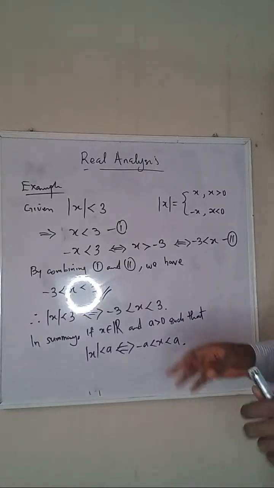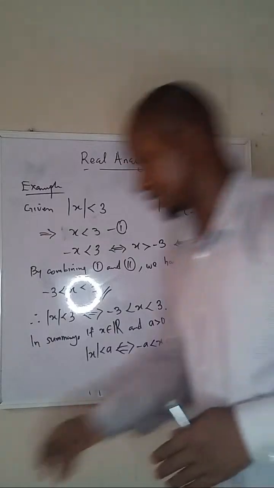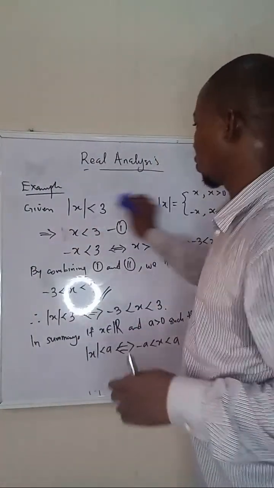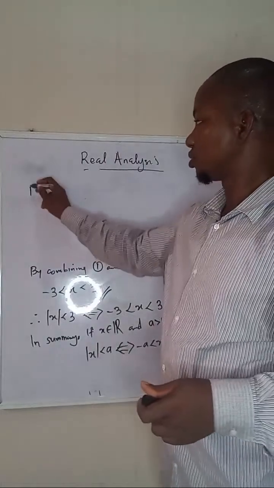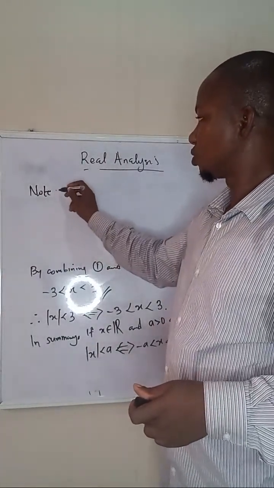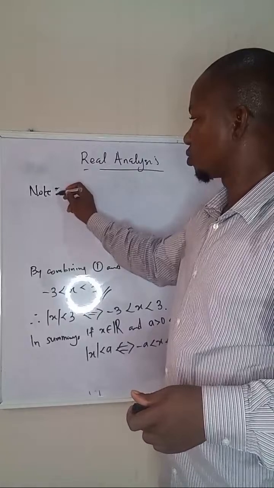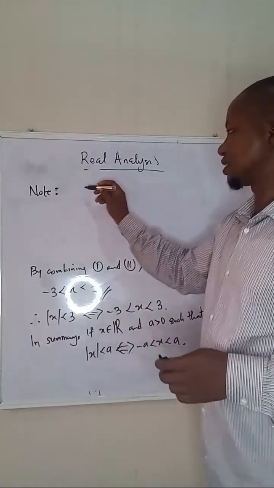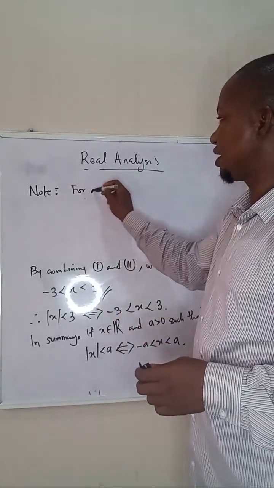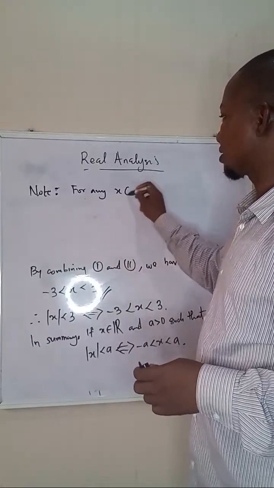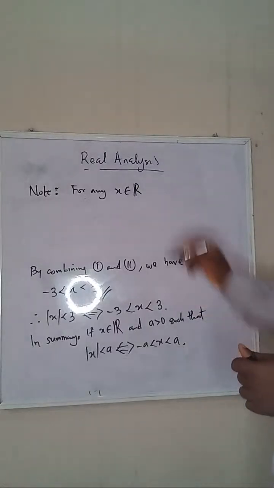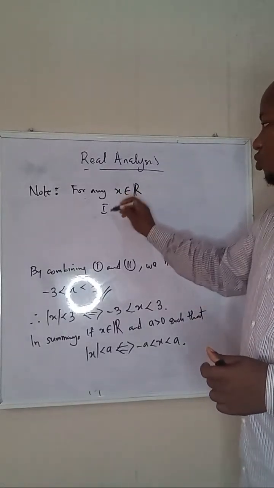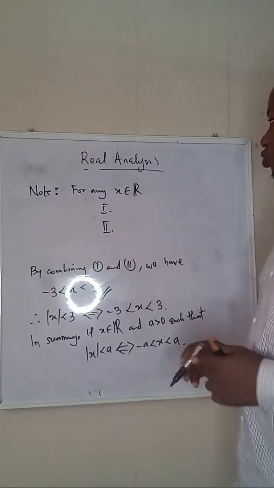So having noted this, we also note that for any x in R, two things are certain.